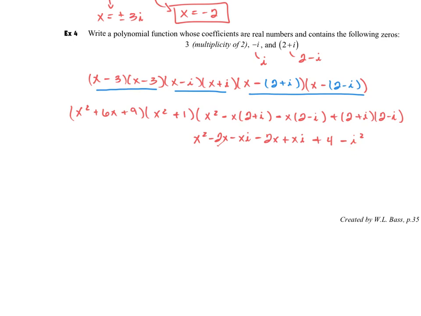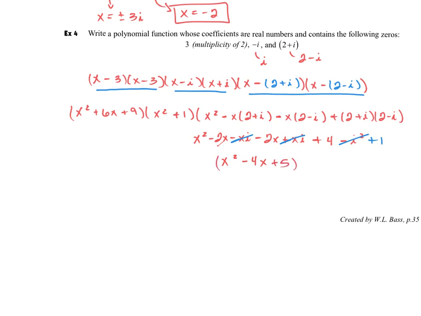with the i squared. So now from here, a couple things that I can do. I can see that my negative xi is going to cancel with my positive xi, and I can see that my negative i squared could actually become a positive 1. So this polynomial here can become x squared minus 4x plus 5.